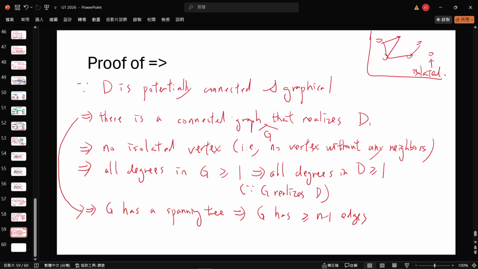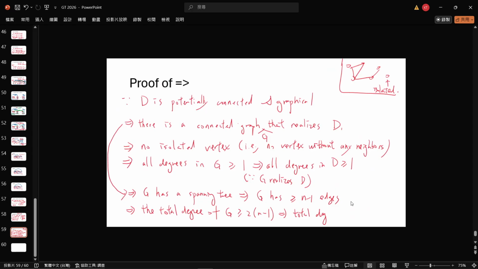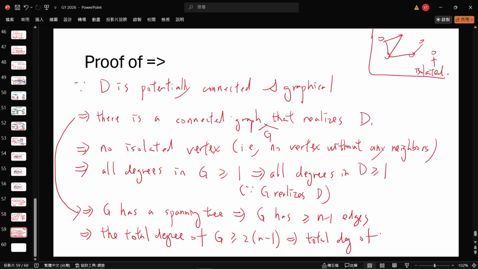Therefore, the total degree of G is at least 2 times n minus 1. As a result, the total degree of D is, again, at least 2 times n minus 1.